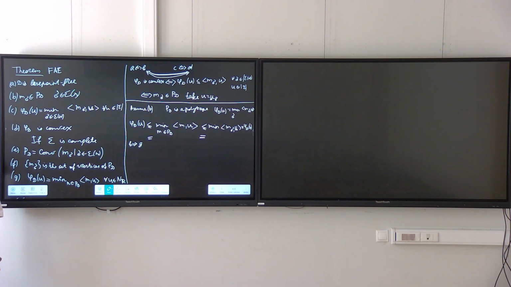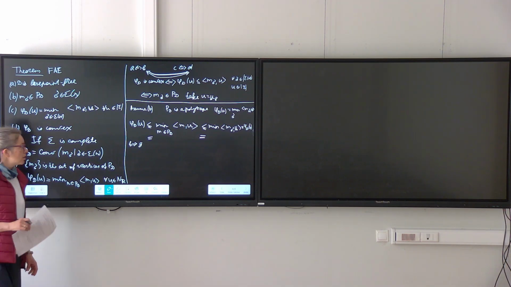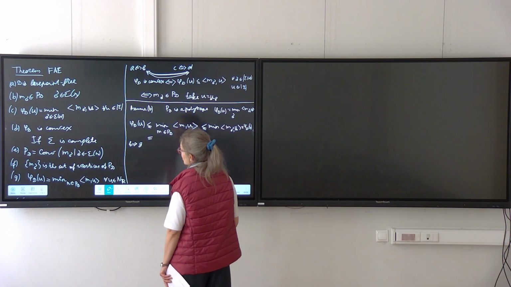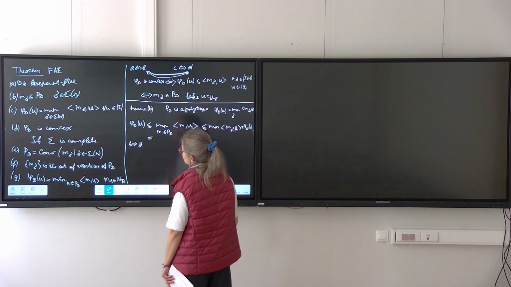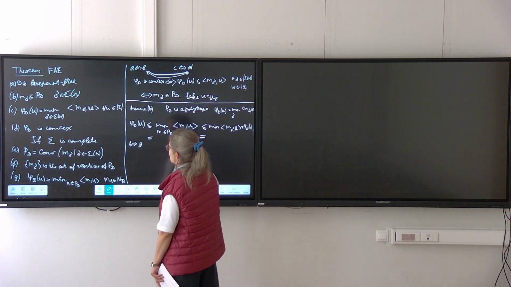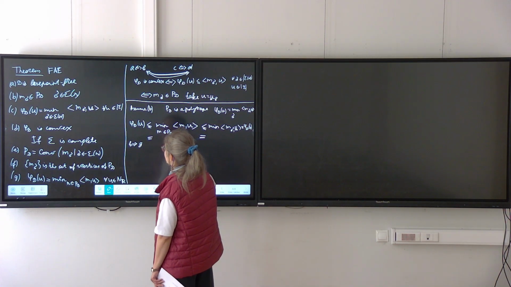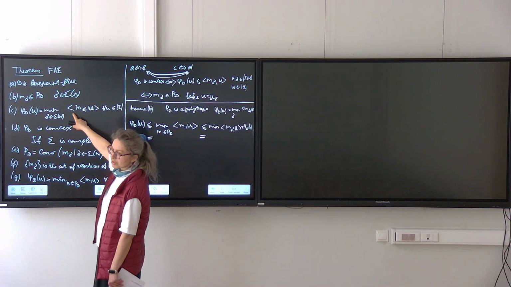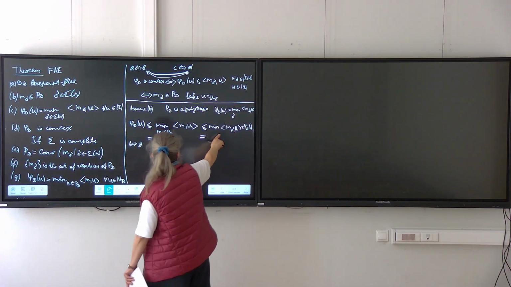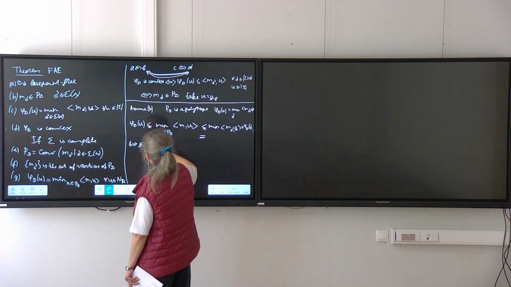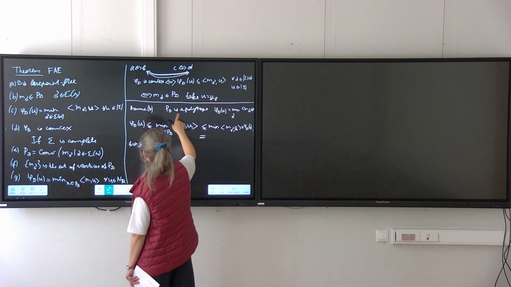Where did you write the last inequality? I know that the first four statements are equivalent. So if I have B, I also have C. This is exactly what is written here. So once more, this is by the previous lemma.